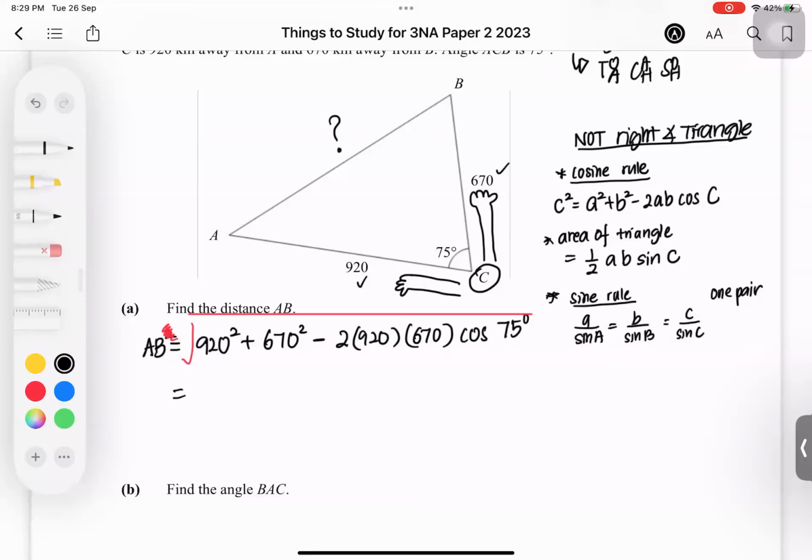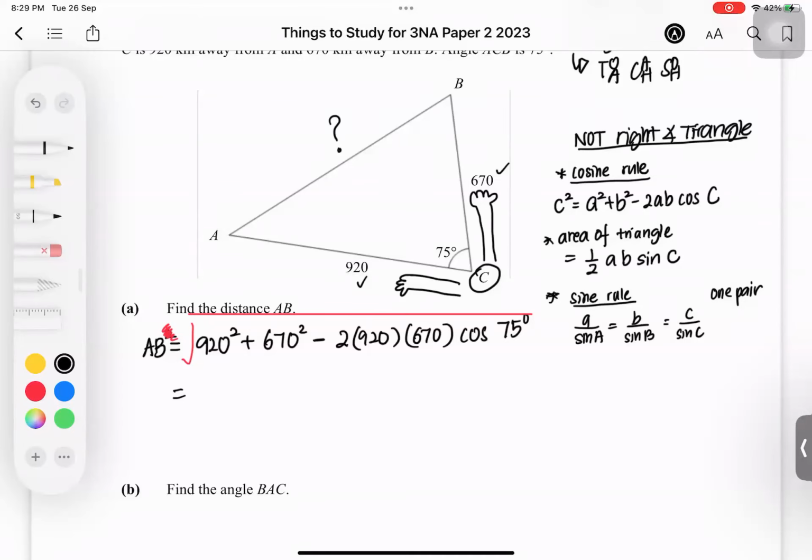AB equals square root of A squared plus B squared minus 2AB cosine of 75, close bracket. My bracket wrong? Is it the cosine must have a bracket? Yes, I think I forgot to put the bracket.